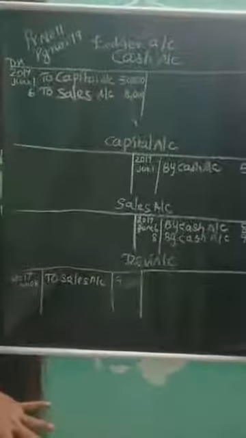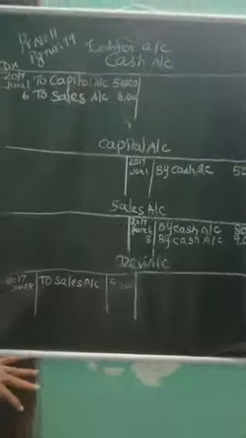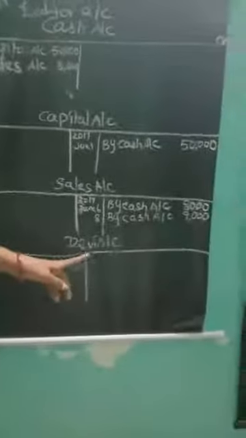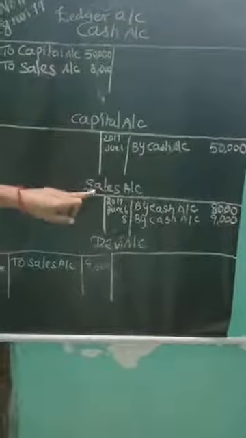Sold goods to Devi on credit. So what is the journal entry? Devi account debit to sales account, isn't it? Devi account I have opened, the sales account I have already opened, so no need to open again.